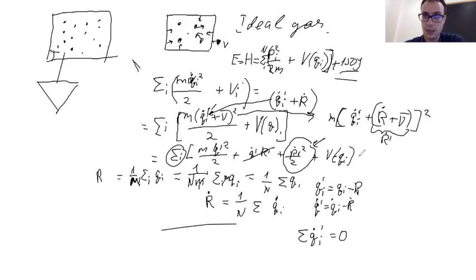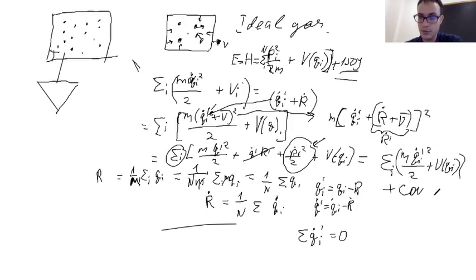And then what I got is a Hamiltonian with a new set of coordinates q prime instead of the old set of coordinates, plus some constant.